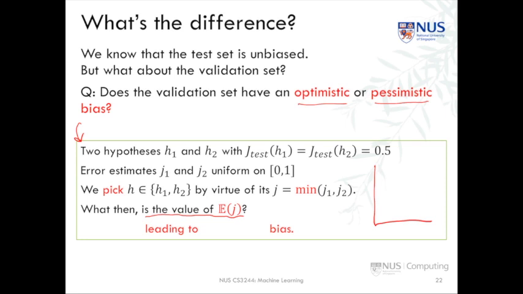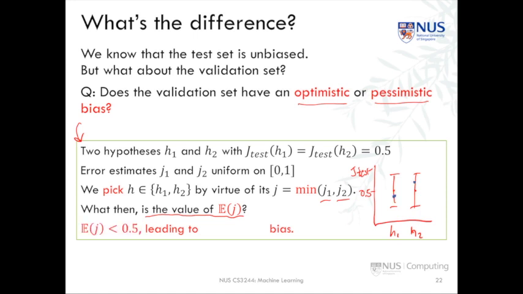Well, if you think about it, both of the cost estimates have the same value of 0.5 for their test cost estimate. But they also have a variance because it depends on exactly which sample we picked. And that means their actual J1 and J2 have a range, depending on the variance.